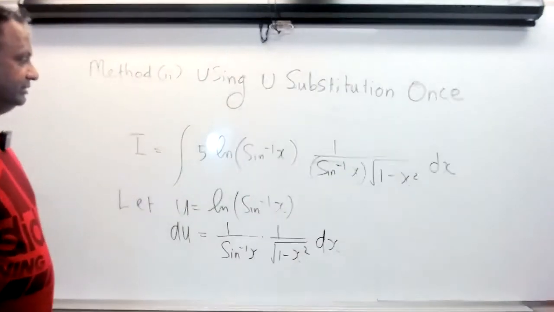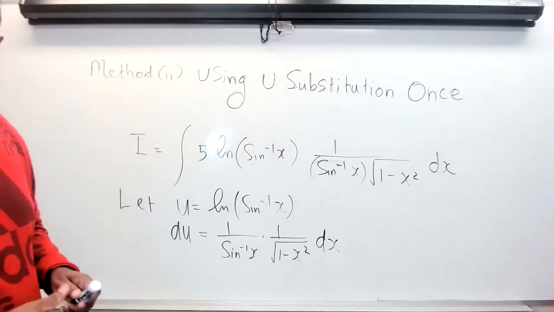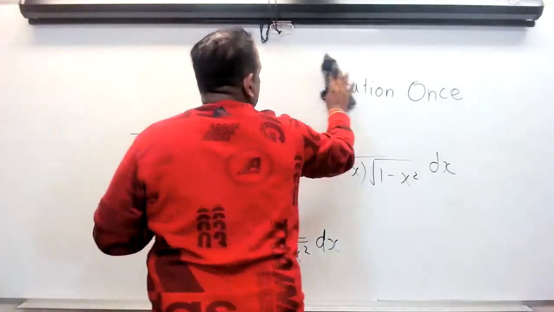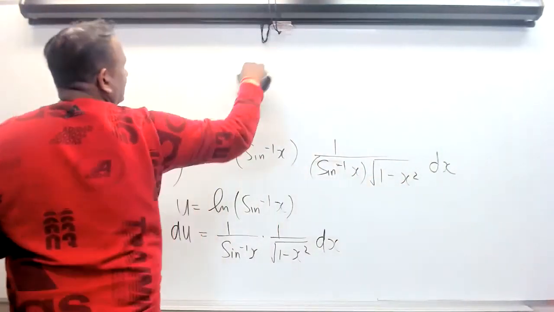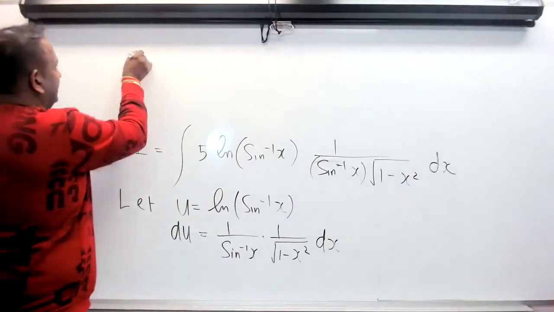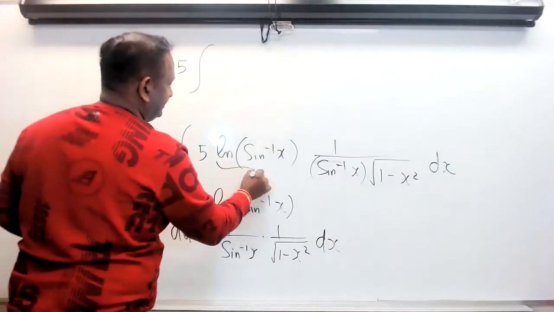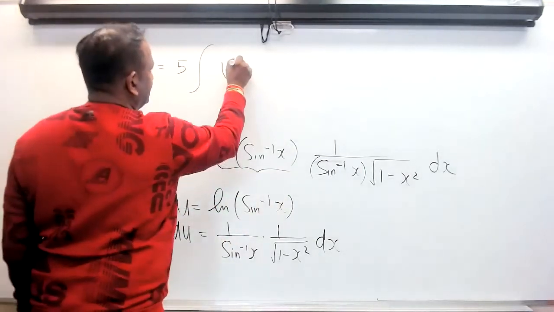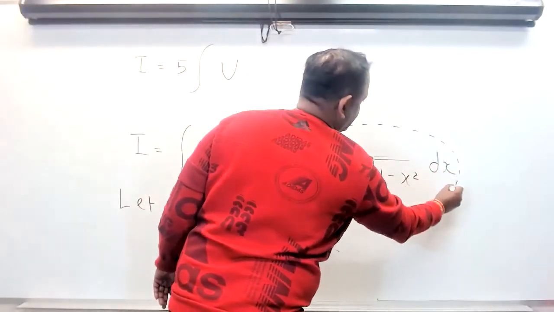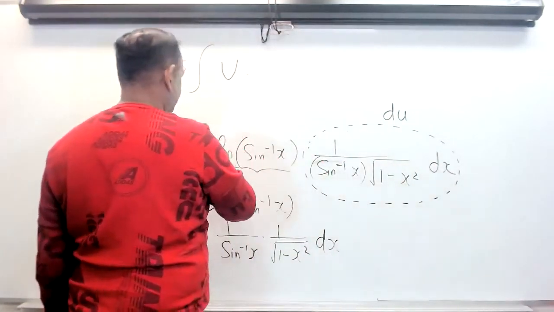So it's easy. Now you go back to this function, you can easily see, you get the whole thing, okay? With the whole thing, you get back to this one, you can pull out the 5 and the integral. This thing is nothing but u. This whole thing is du. This thing is u.